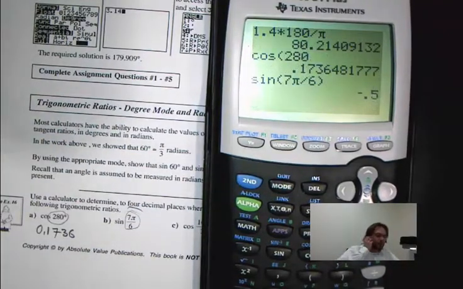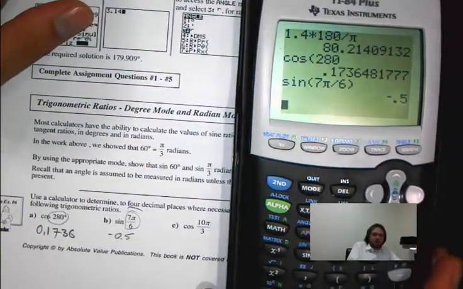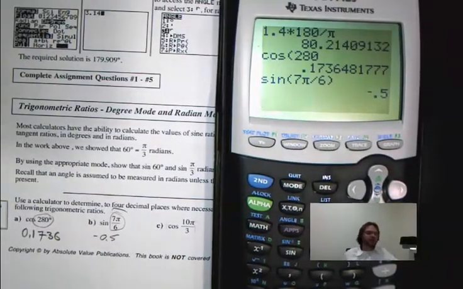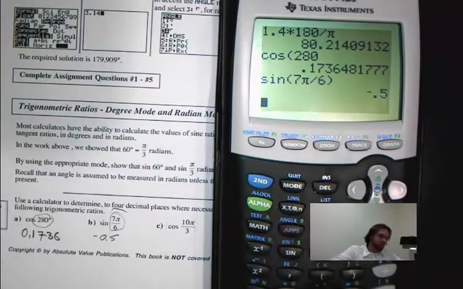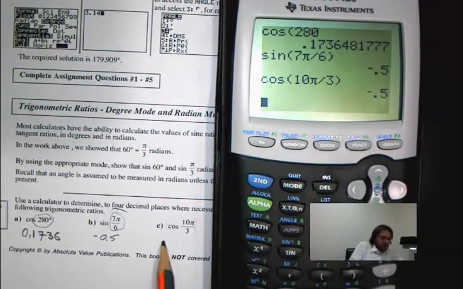And I'm going to get negative 0.5. Okay? The next one here we look at is cos 10 pi over 3. 10 pi over 3? That's still in radians. We have a pi. Okay, so let's go. Cos 10 pi over 3, and I end up getting negative 0.5 again.